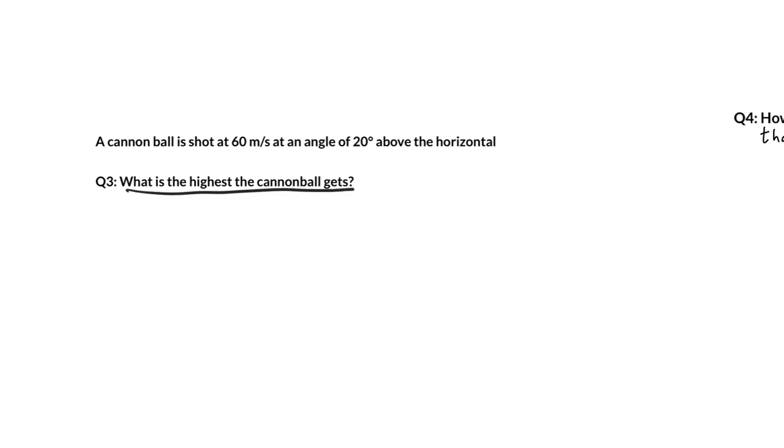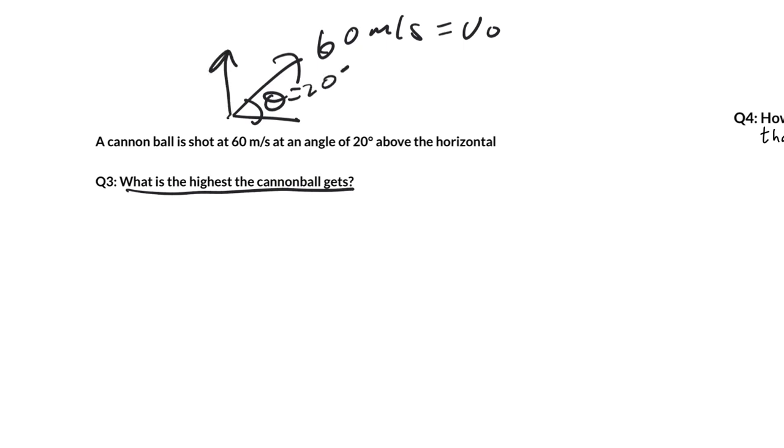What is the highest the cannonball gets? Okay, so that's VO. The angle is 20 above the horizon. Here's VOX. Okay, let's find VOY and VOX.